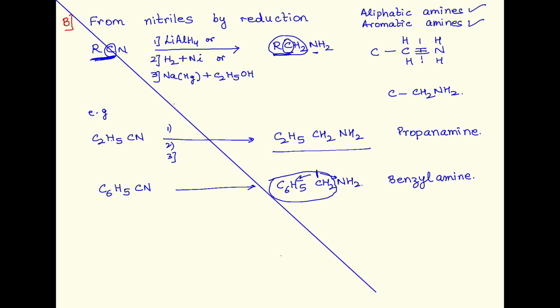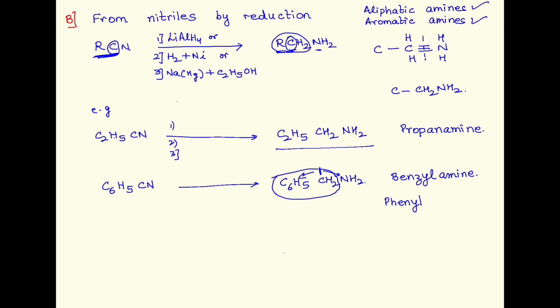So I'll have it here, phenyl, because it is on carbon number 1, I can leave it as well. There is no need for me to write the 1. So either I can put it or I can leave it, phenyl, and there is one carbon atom in the chain. So methanamine, phenyl methanamine, or even 1-phenyl methanamine would be considered correct.